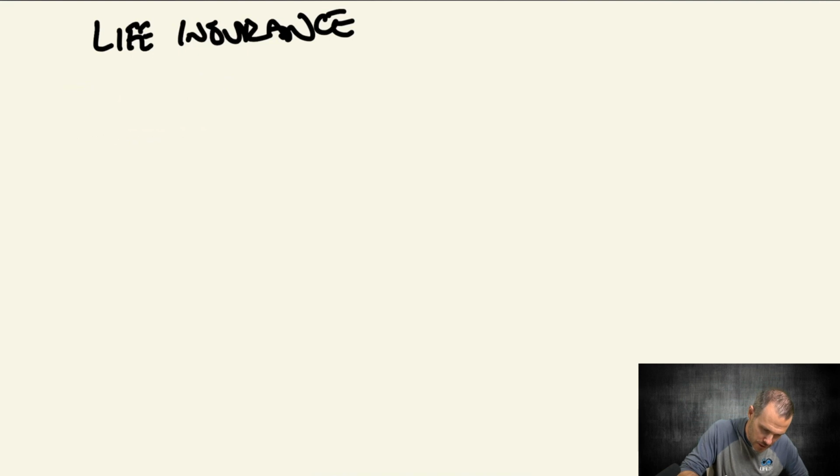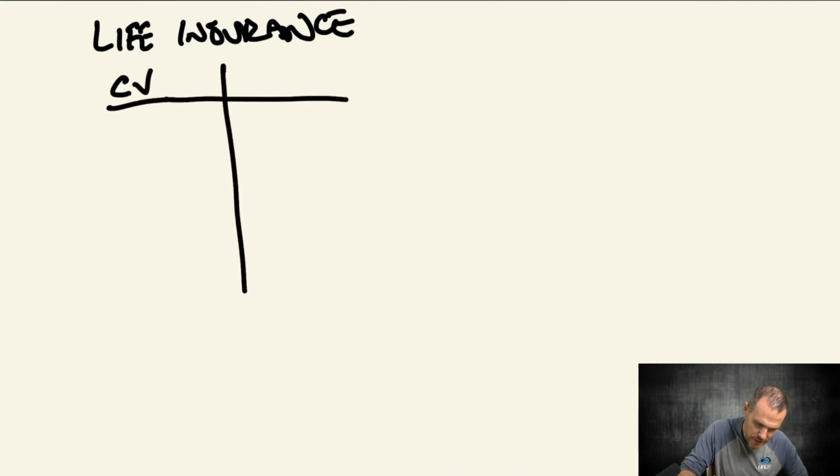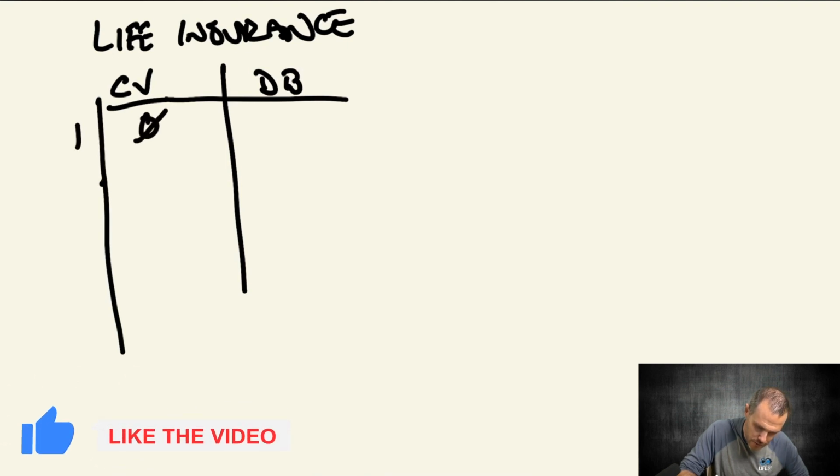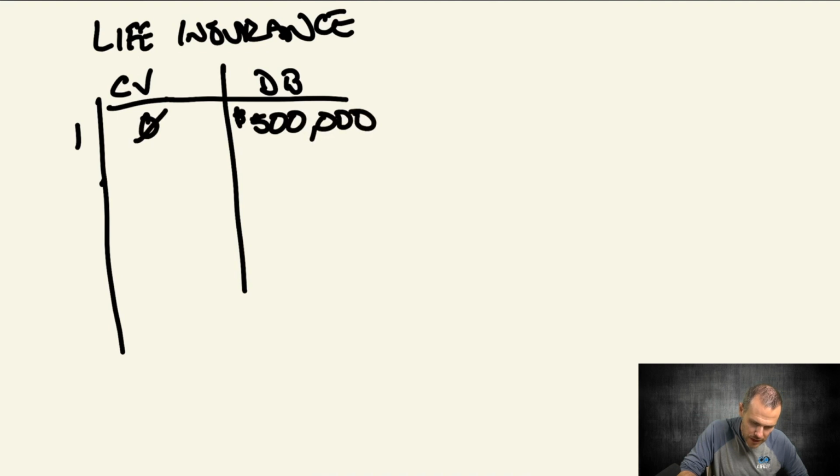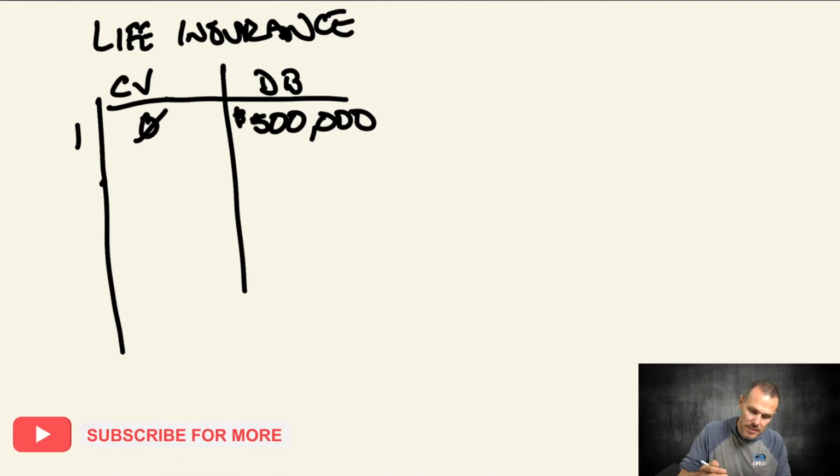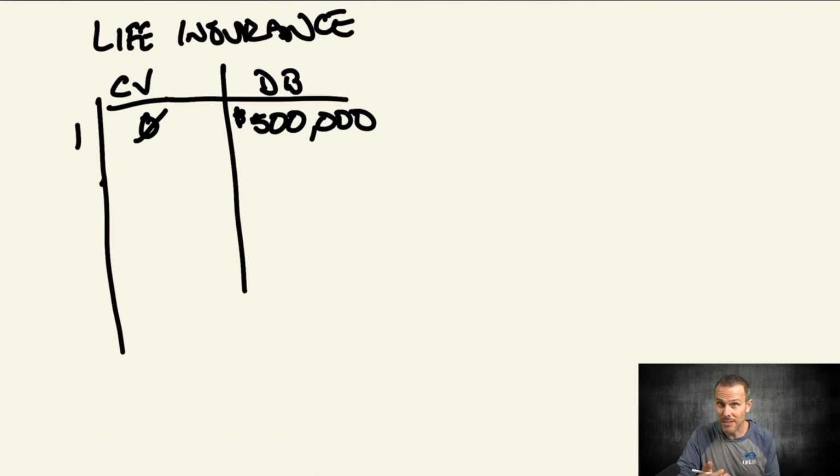I'm going to create a T-chart here, with cash value and death benefit. So year one, we're going to say zero cash value and a $500,000 death benefit. So if you've got a $500,000 death benefit, you have obviously just the life insurance, right? That's really, really clean. It's easy.